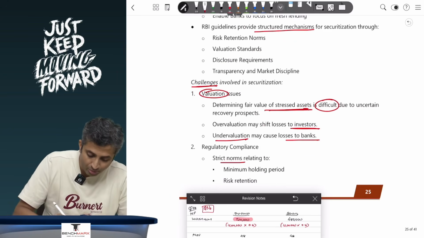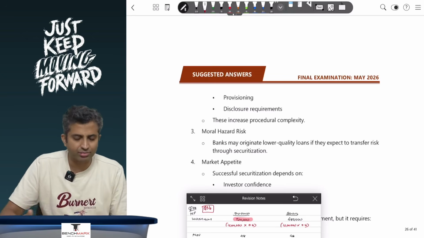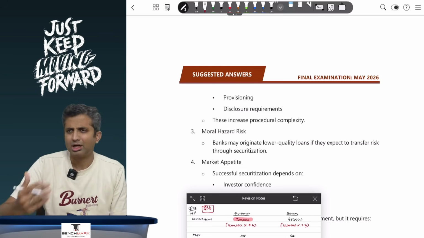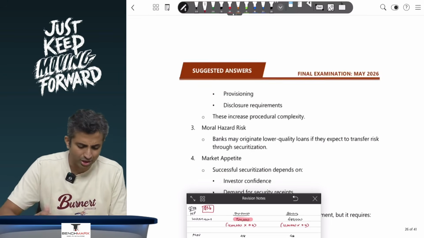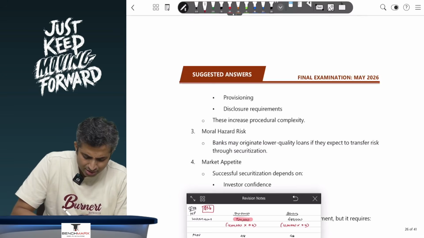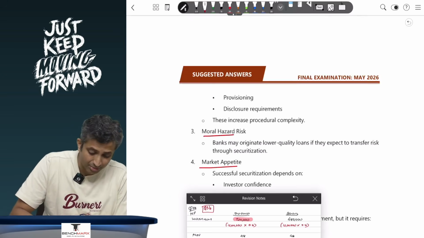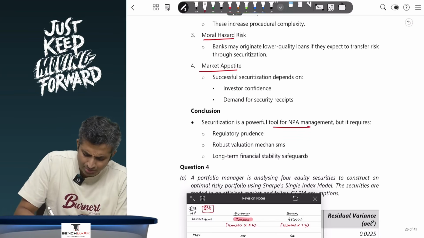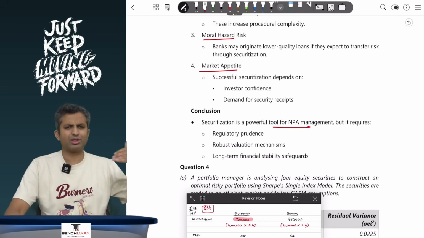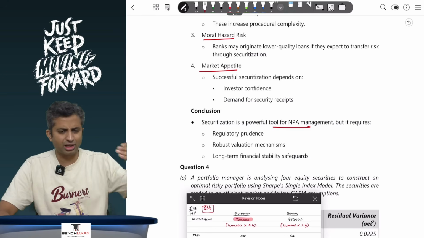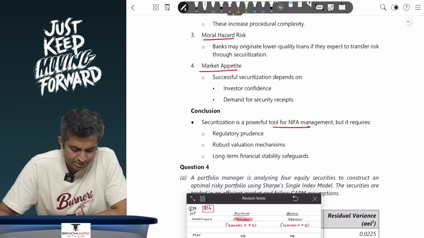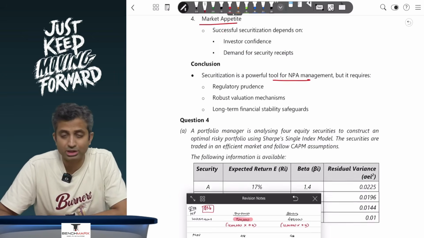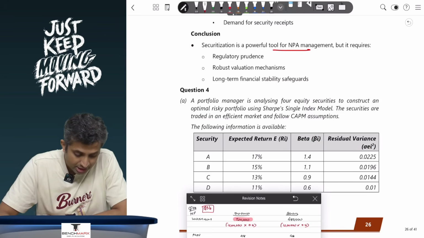Regulatory, there's strict norms relating to, let's say, risk transfer, minimum requirements which are there of holding period. This will be there. There will be moral hazard, market appetite. Investors should have confidence. So securitization is a powerful tool for NPAs, but it requires certain regulatory prudence, robust valuation, and long-term stability. You can just review the theory on this. It's a statement. You can write it in your own words.